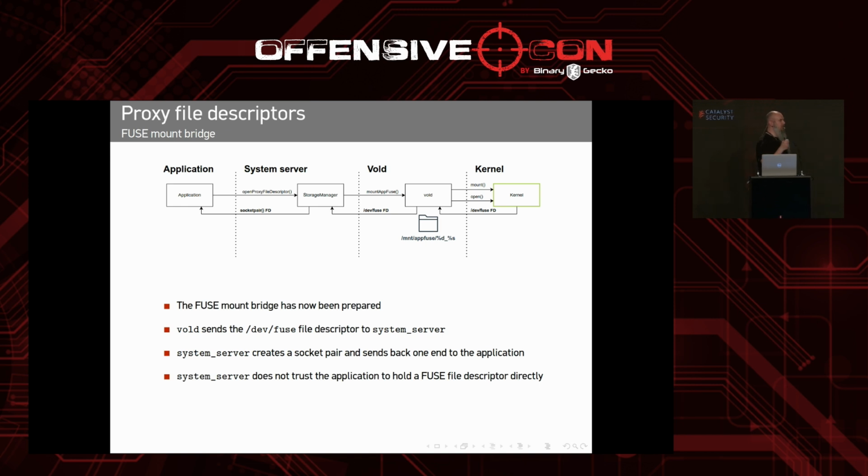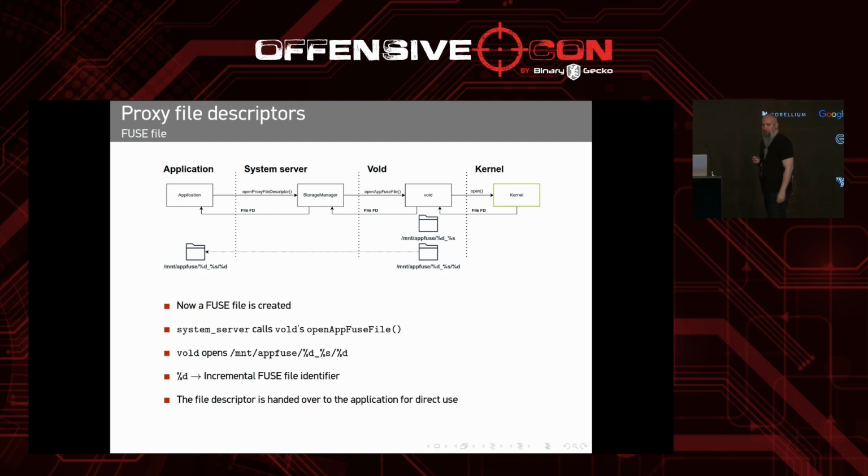So instead of sending over the fuse FD to the application, it creates a socket pair and sends one end to the application, and the other end acts as a bridge between the one end of the socket pair and the /dev/fuse file descriptor. And in there, a simple stub is implemented for translating commands back and forth.